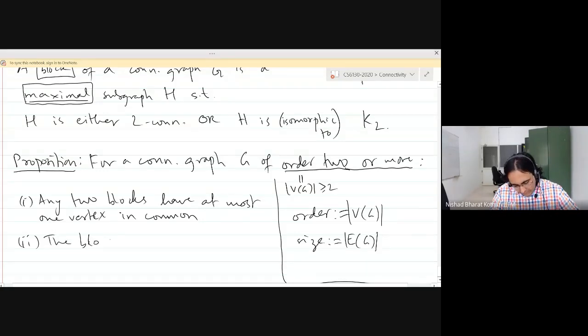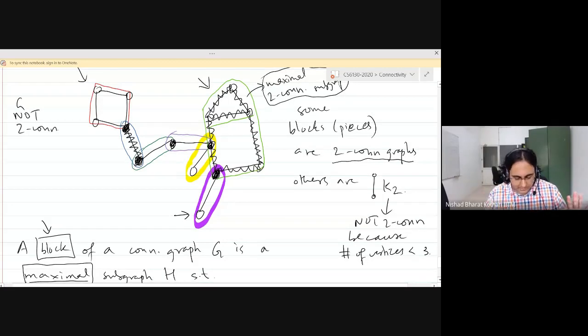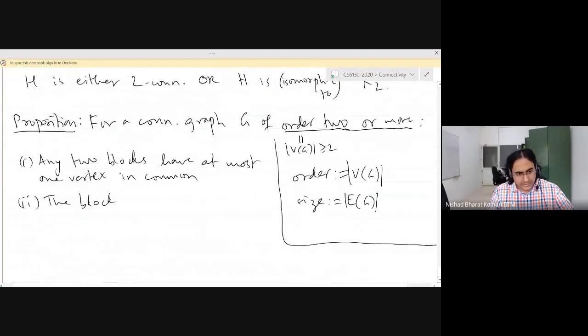Now observe in this drawing, if you look at all the colors, I'm repeating some colors, but any edge of the graph is contained in exactly 1 block. However, a vertex can be contained in as many blocks as possible. But any edge of the graph is contained in exactly one block. So that is actually not a coincidence.